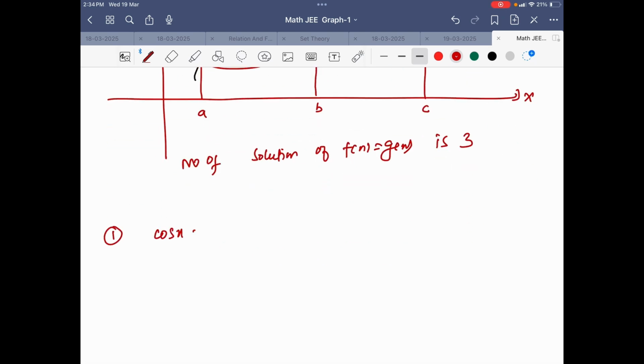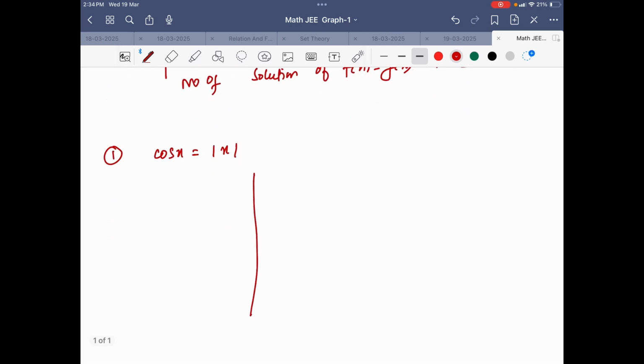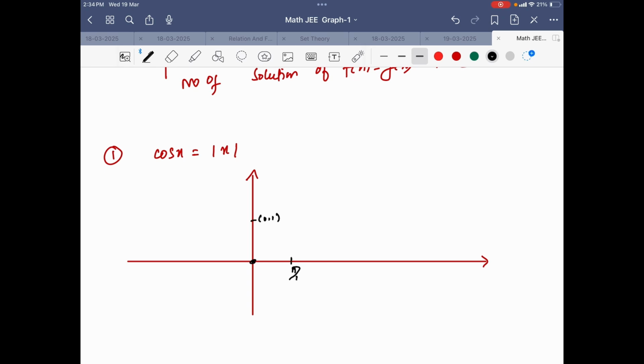cos x equal to mod x, right? For these kinds of questions, you can draw the graph of the left side and the right side separately, and where these two curves intersect gives the number of solutions. First draw the cos x graph. cos 0 is 1, so the point (0, 1). At pi by 2, cos pi by 2 is 0. At pi, cos pi is minus 1.